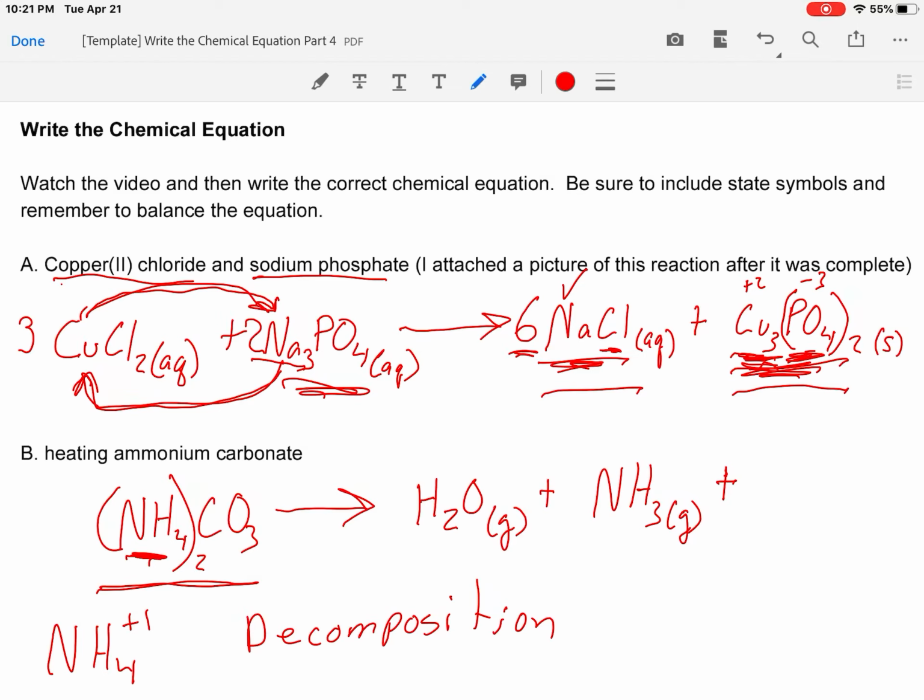Well, if you remember from this video, what happened when I stuck the wood splint into the mouth of the test tube is the wood splint went out. It extinguished the flame. And so another sciencey way of saying that is it does not support combustion. And that is a real simple test for carbon dioxide. Okay, and again, that's a gas.